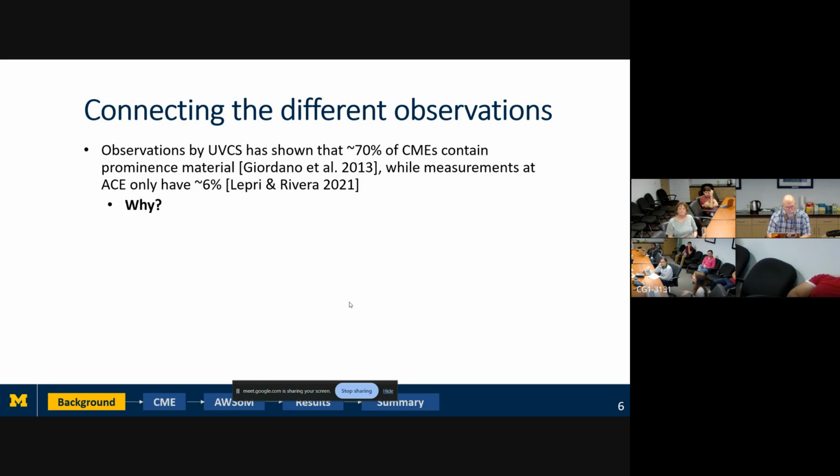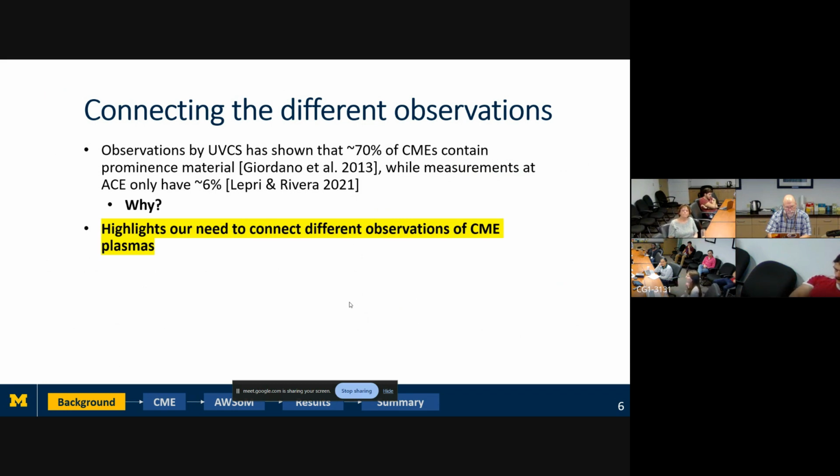The Lee and Raymond 2012 paper said that the covering factor or the filling factor meant that not a lot of that material makes it to 1 AU, and if it does, the chances of a satellite observing it are pretty low. But there are also potentially other processes between the sun and 1 AU, or wherever we have the observations, that will potentially cause heating, cooling, and movement of the CME plasma. So that's something we want to look more at.